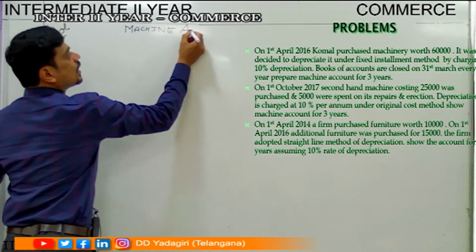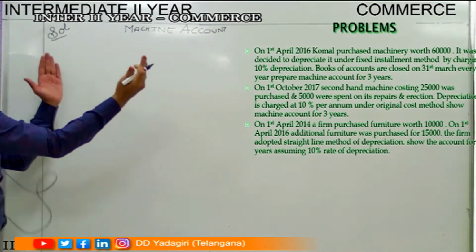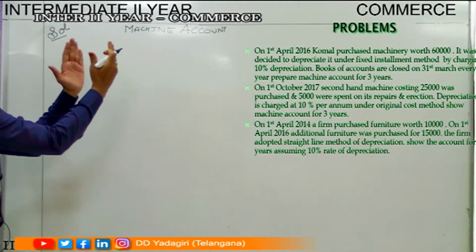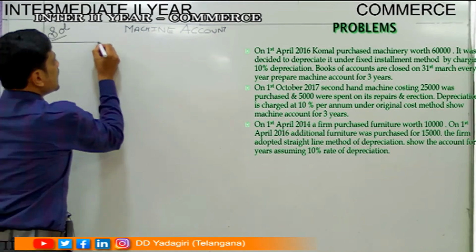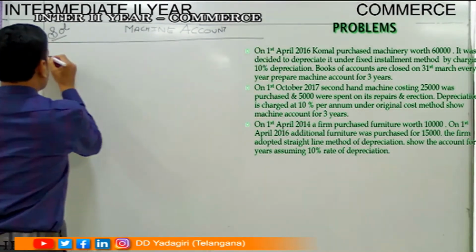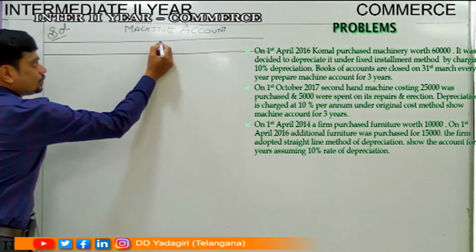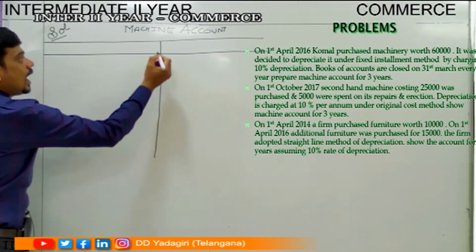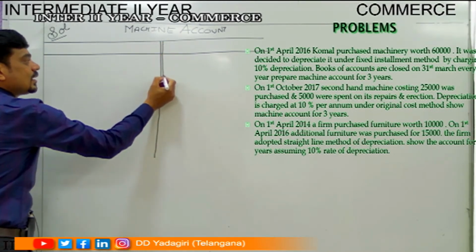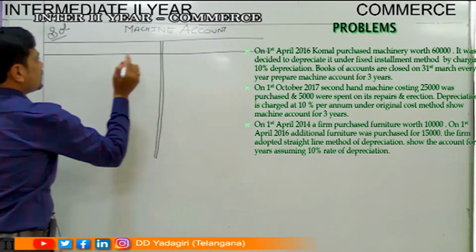Machine account. After that, fold the page so that it becomes 2 equal parts. Then keep the scale and draft the account properly. Keep the scale in the middle and draw a half page account. Give a thick line for the debit side and credit side.